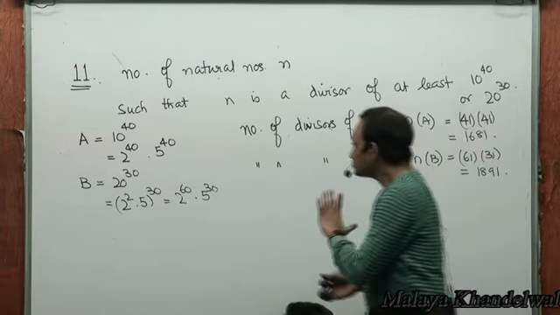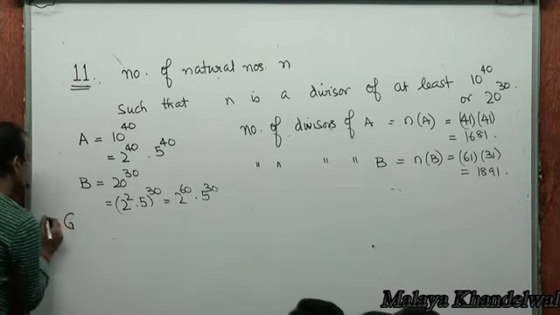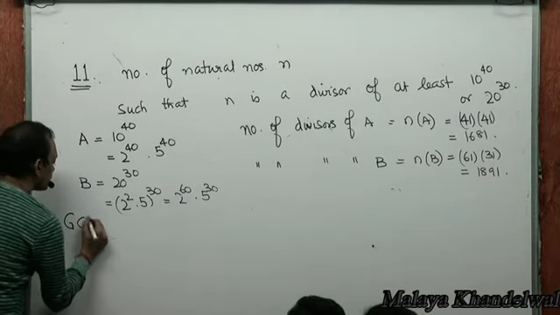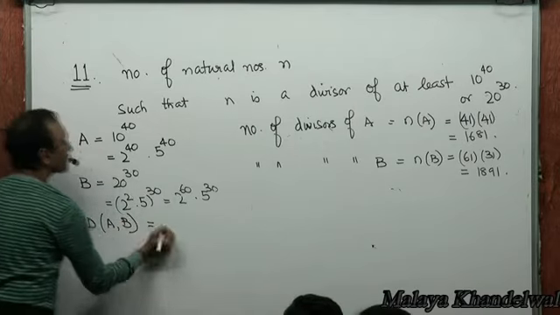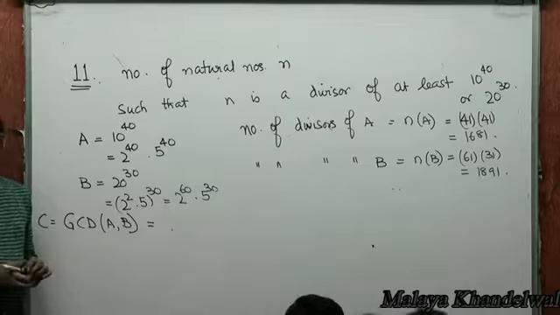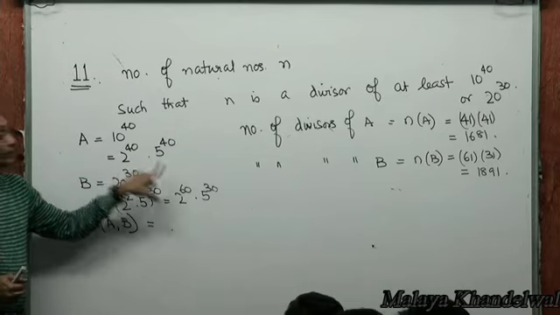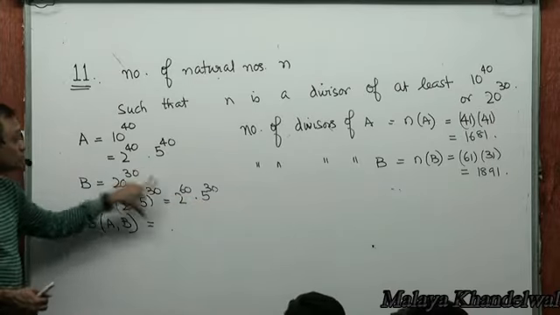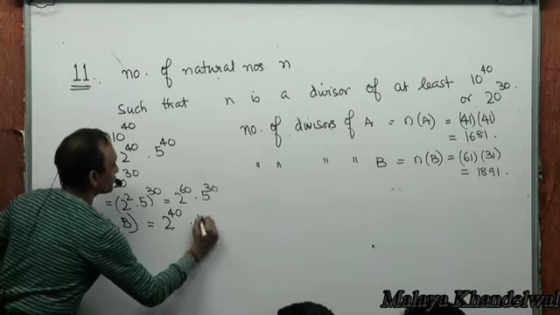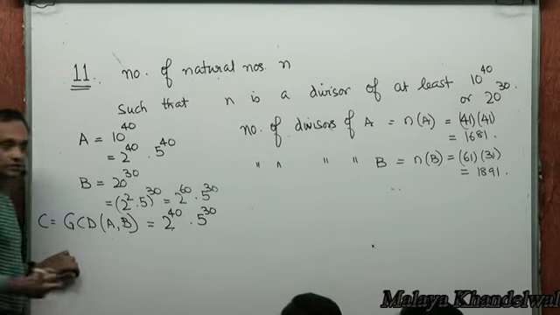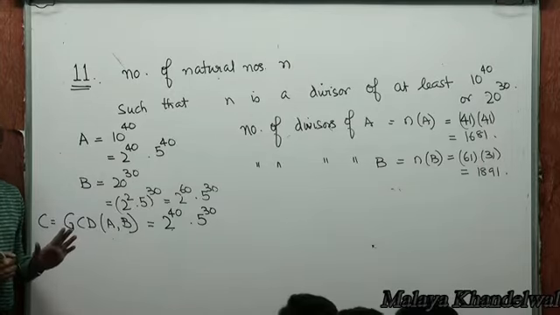Now, tell me this. Suppose C is the GCD of A and B. The GCD of these two numbers is going to be 2 to the power 40 into 5 to the power 30. All of you know this. That's going to be the HCF of these two numbers.